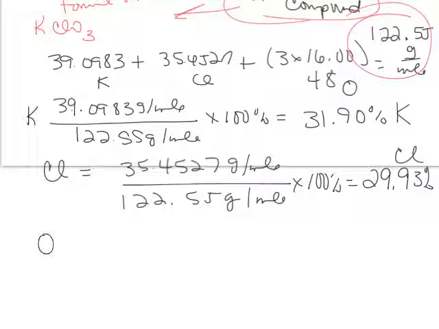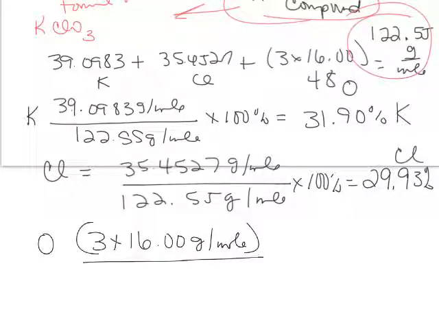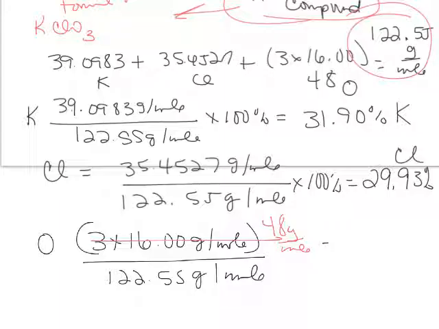We have 3 oxygens, so you take 3 times 16.00 grams per mole over the whole mass of the compound, 122.55 grams per mole. That works out to 48 grams per mole divided by 122.55 times 100%, which gives you 39.17% oxygen. These should all total up to 100%, so check that. And that is how you do mass percent of each element in a compound.